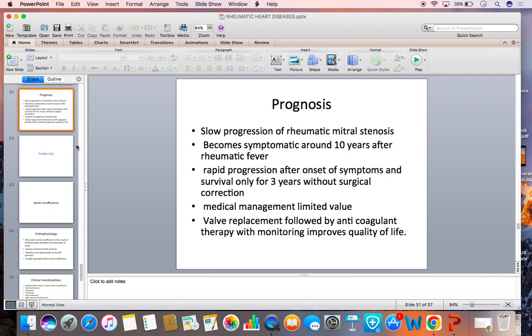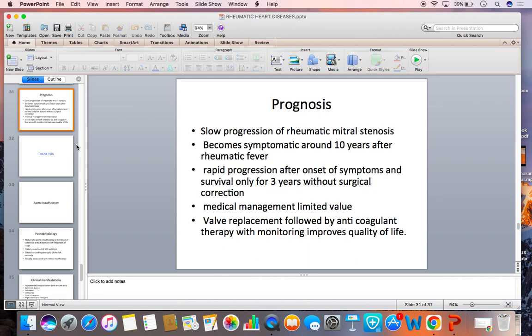Once symptoms occur, there is rapid progression and survival time is only around 3 years without surgical intervention. So, as I told you, medical management is of limited value because it is an obstructive lesion at the mitral valve and limits cardiac output. Whatever medical management you give, it cannot overcome the obstruction.